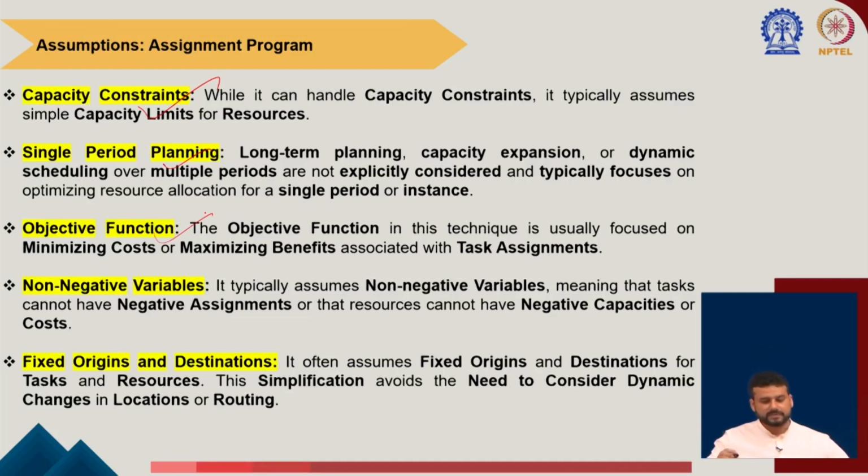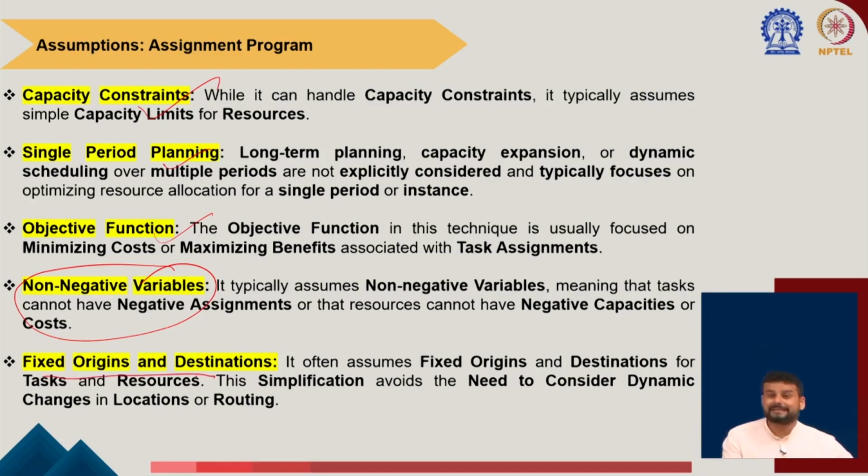Clearly we define the objective function, because we need to minimize the transportation cost, minimize the time spent on the activity, minimize the cost, maximize the profit, maximize the revenue, maximize the share. So the objective function is very clear. Another important limitation is non-negativity: we cannot enter negative values. Obviously, -10 manpower cannot exist, right? So negative variables cannot be there.